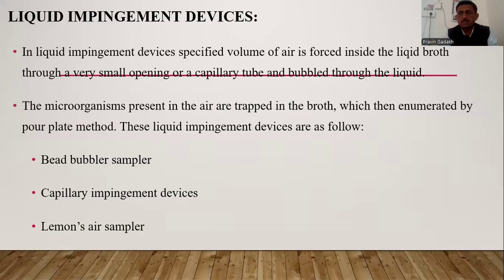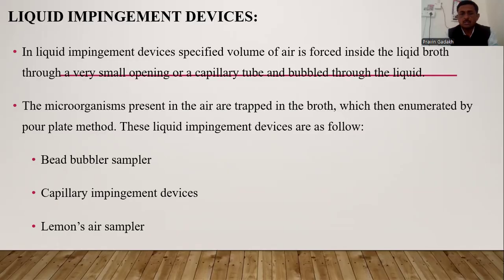In case of solid impingement devices, we used an already prepared, solidified nutrient agar plate, and on that we directly incorporate the air so that the organisms present in the environment or air get trapped on the surface of the nutrient agar plate.